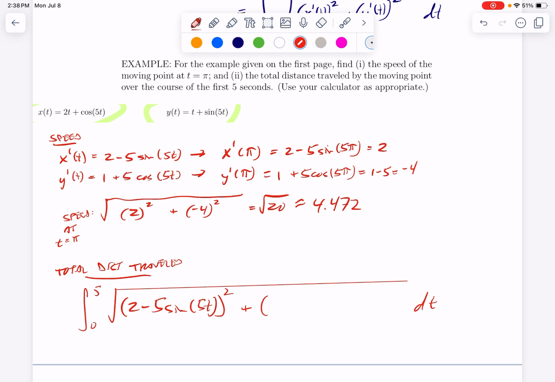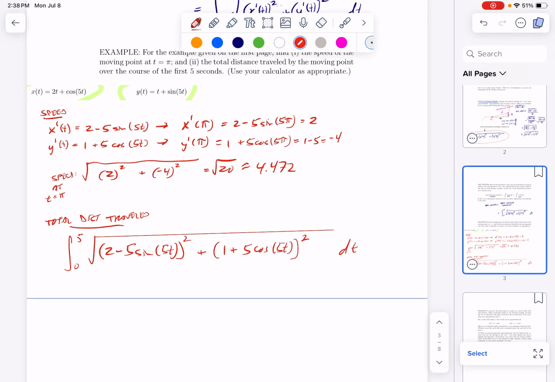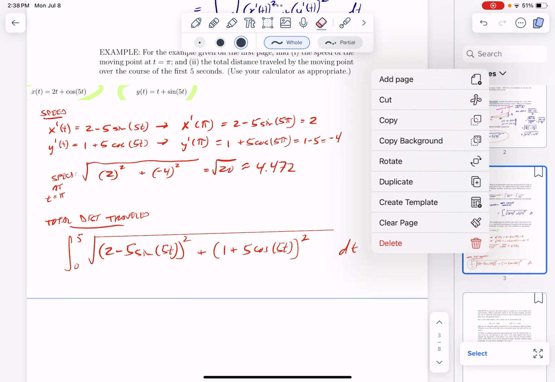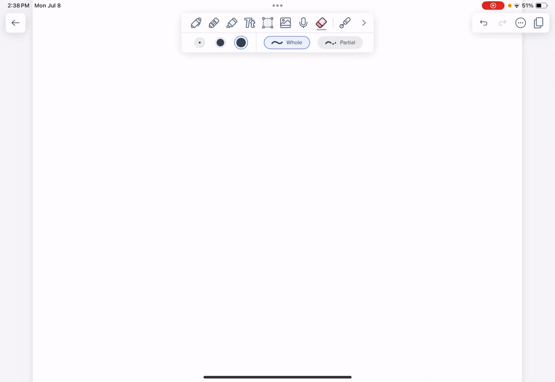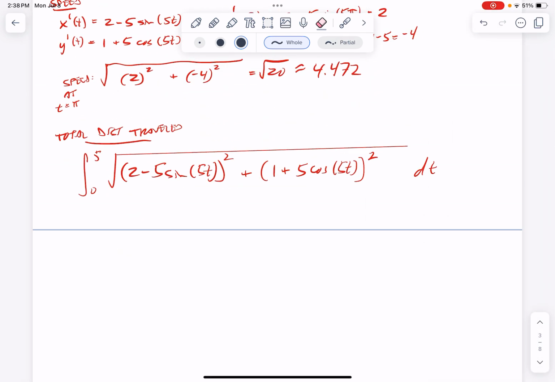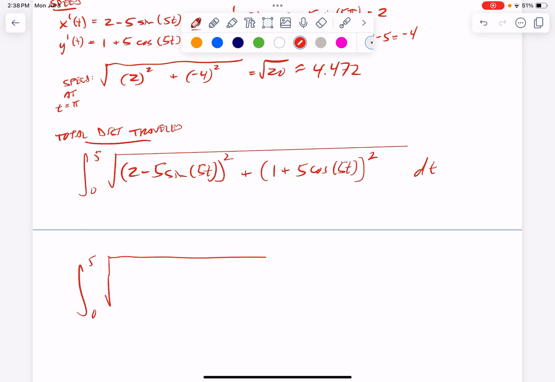And this is y prime, and we'll square it. We'll ultimately need a calculator here, but let's actually see how nice this thing is. I'm going to add a page. For these kinds of things, more often than not, we're using calculators, but sometimes it's worth seeing whether these things simplify. We'll get at least some simplification here.